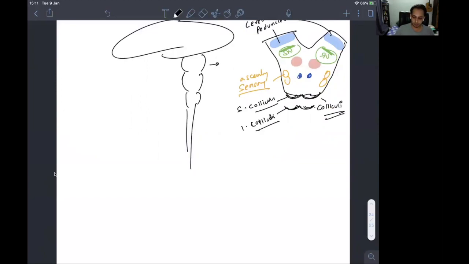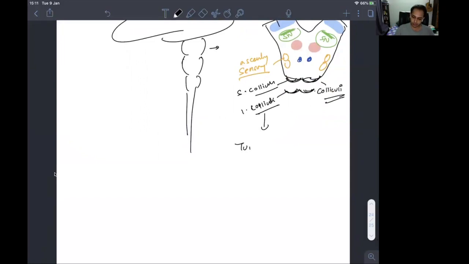And the function of the colliculi is to turn your head, your neck, and your eyes to any stimuli. So if something suddenly makes a noise on your right side, you immediately look towards the right.